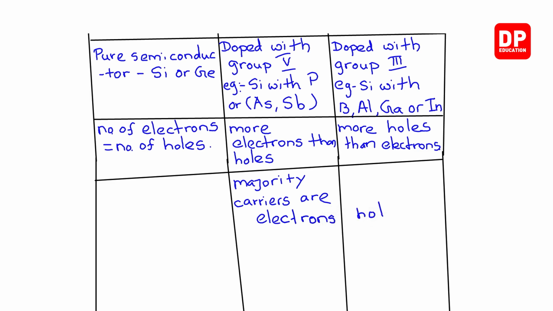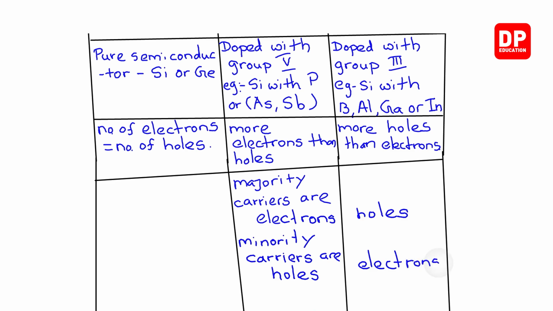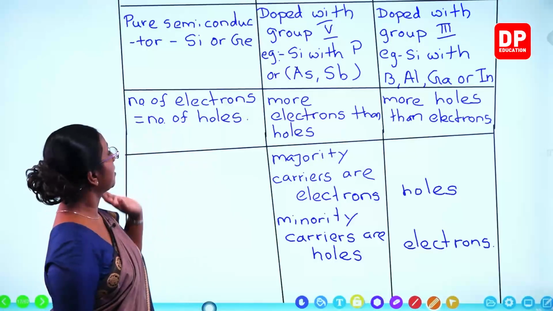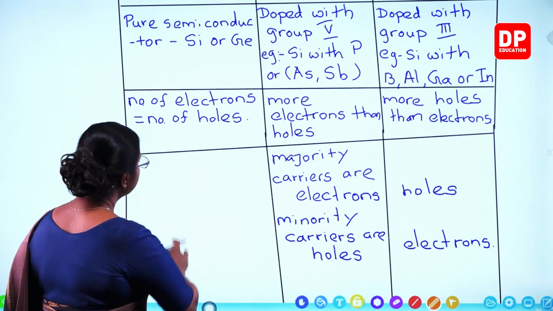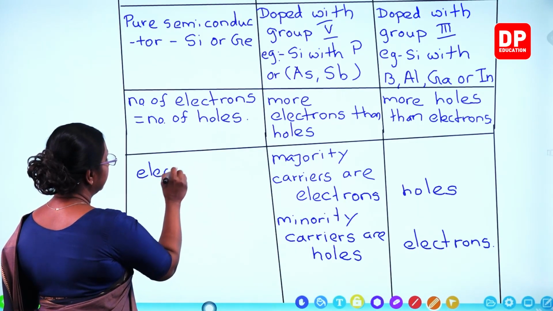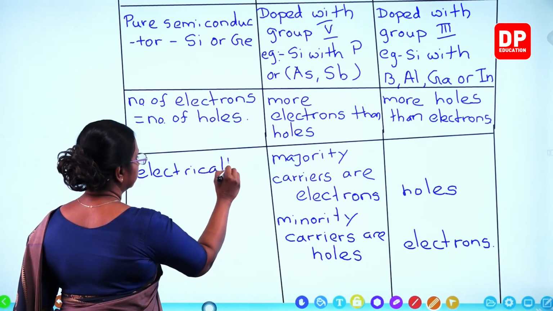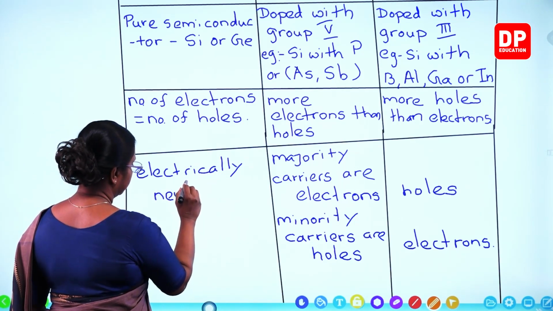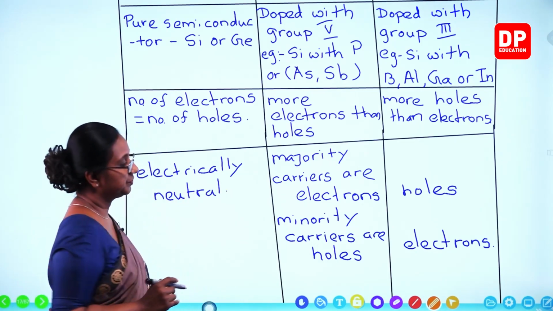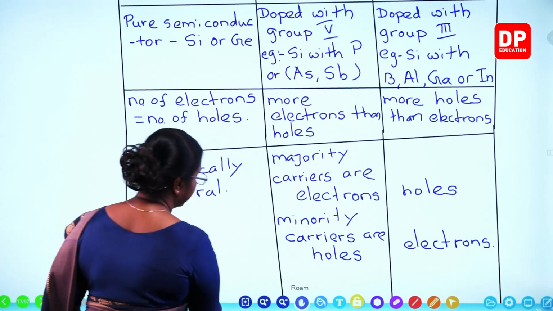Here they are holes. And minority carriers are holes. Here they are electrons. But here, because the number of electrons are equal to number of holes, these are electrically neutral. Neutral. Is that clear?